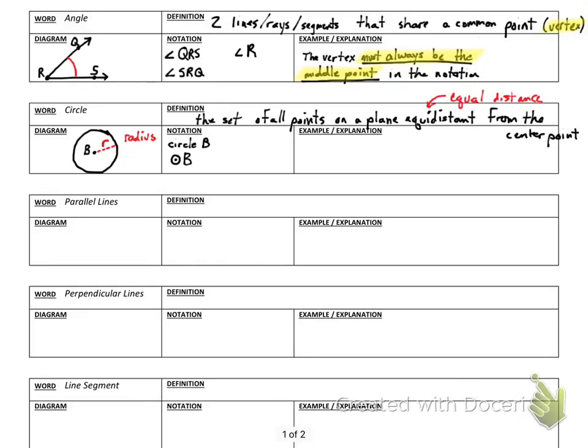So where we left off yesterday, we were looking at the definition of circles, and we already wrote all that down. We talked about a circle being all points on a plane equidistant from the center point.